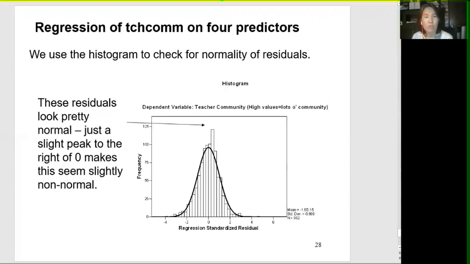We use the histogram to check for normality of residual. To me, this looks pretty normal, and mean is kind of negative number, but it's still small, too tiny number. So we regard this as normal.